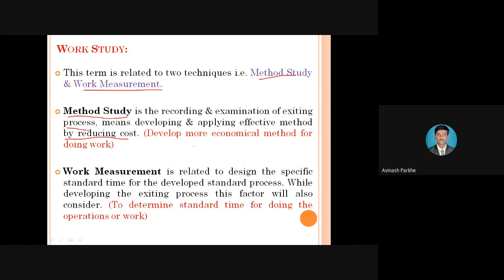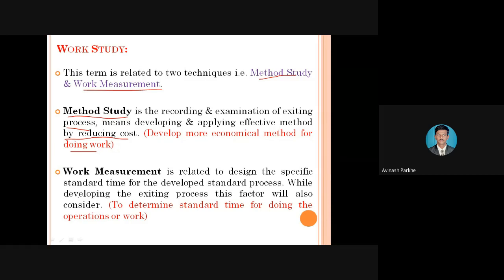In brackets I have written: develop a more economical method for doing the work. In short, method study means developing a more economical method for doing the work. We eliminate the unnecessary operations, and by eliminating them, if I develop the new method, that concept is called method study.